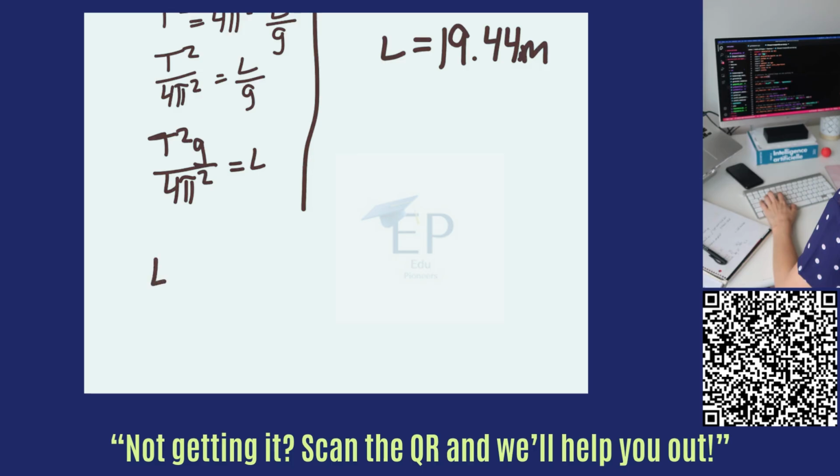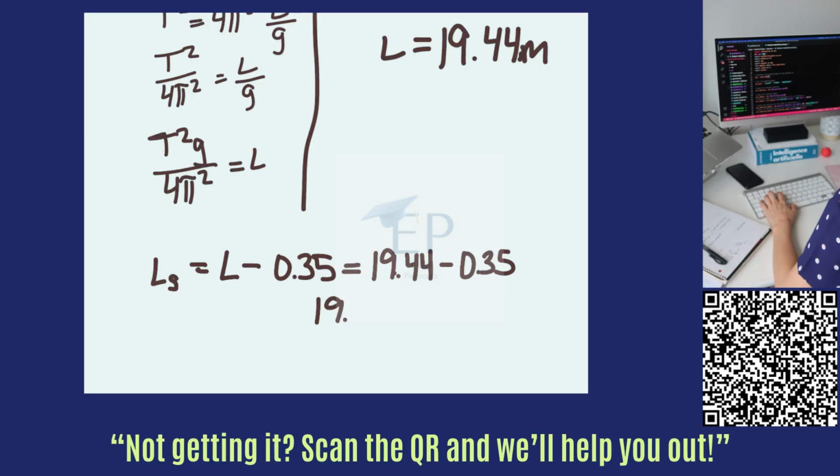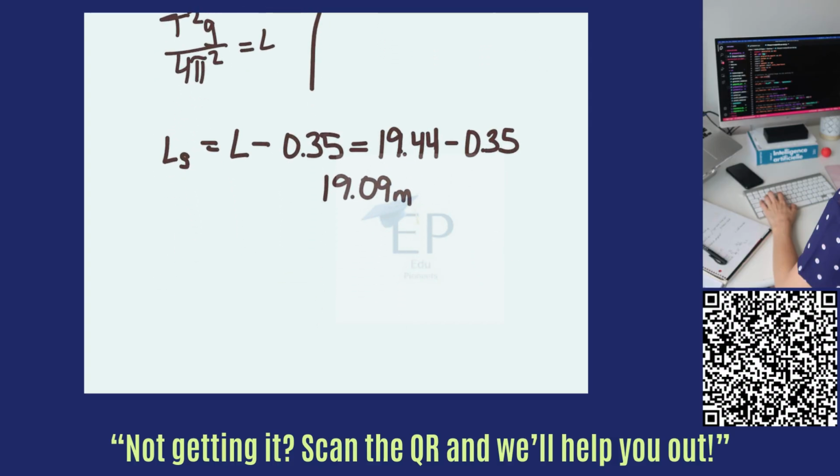So our new length, we'll put as length standing, equals our original length minus the 35 centimeters, 0.35 meter change in the center of mass, which is going to equal 19.44 minus 0.35 gives us an answer of 19.09 meters. So that is the new length of our pendulum.